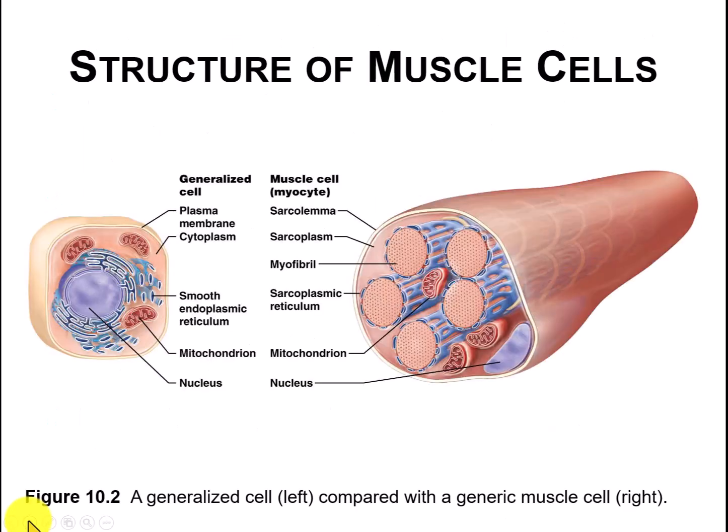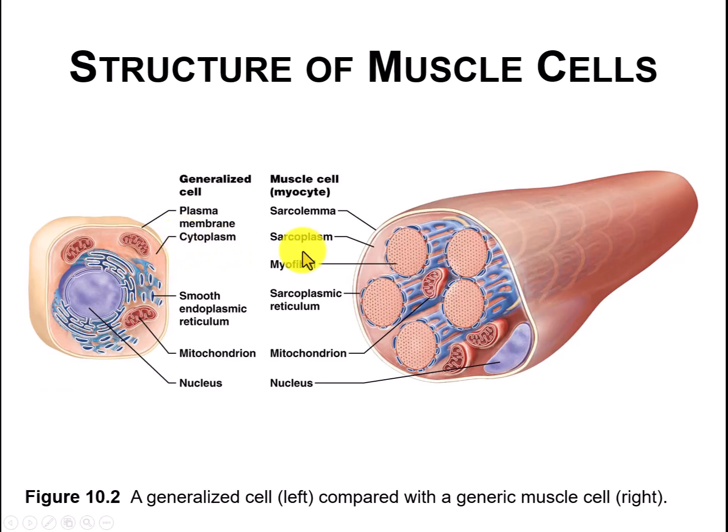And so you have learned the generalized structure of a cell and the organelles that are within that cell. We have those same organelles within the muscle, but because muscle is a fiber, so it is a long cylindrical cell, a lot of the organelles have a similar but different name. And so your plasma membrane is now known as the sarcolemma.